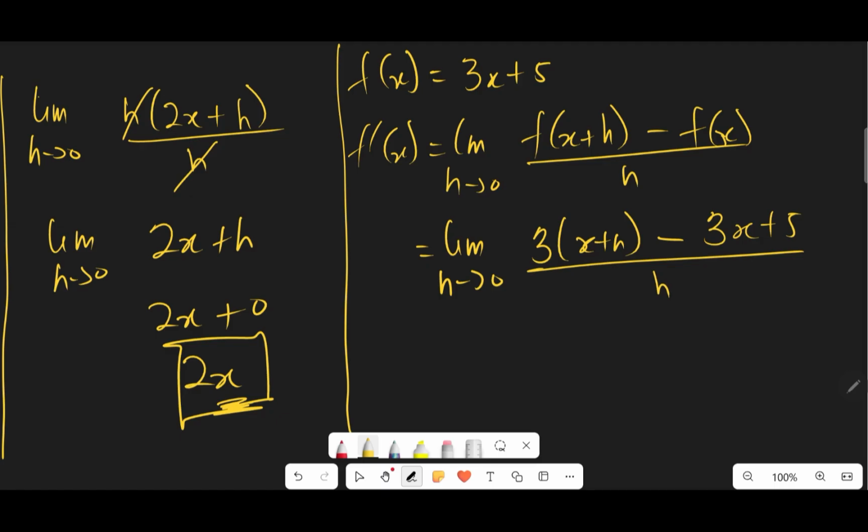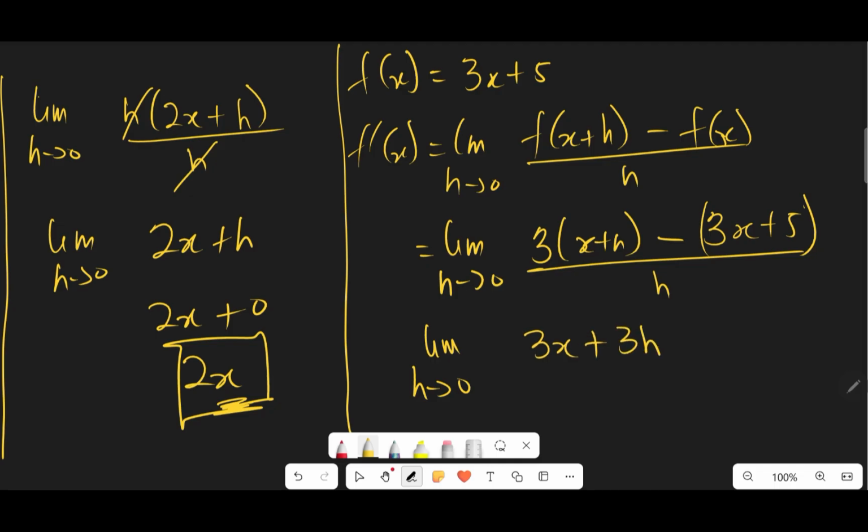Now from there, this one has no square, so we are just about to open the bracket. We are going to get the limit as h approaches 0 of 3x plus 3h.